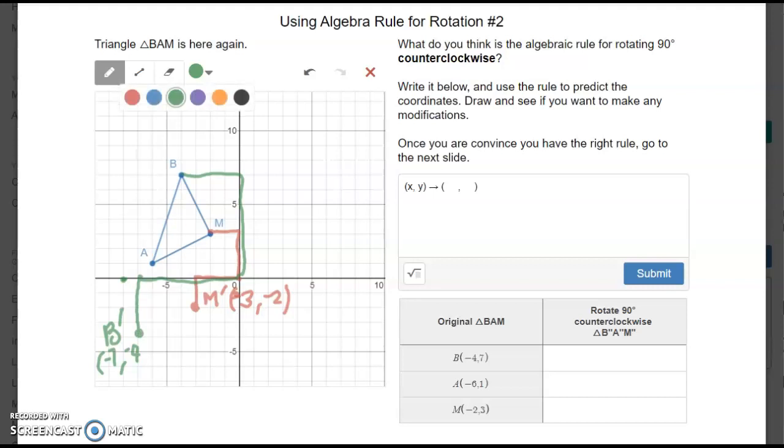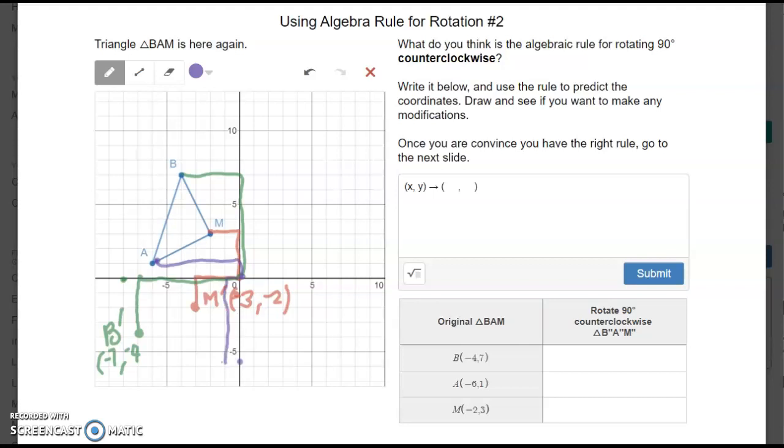And then lastly, let me do it with purple. For this point you can do an L looking like this, or you can do an L looking like this. That's going 6 across and then 1 down. If I rotate this, it will be 1 across and 6 down.